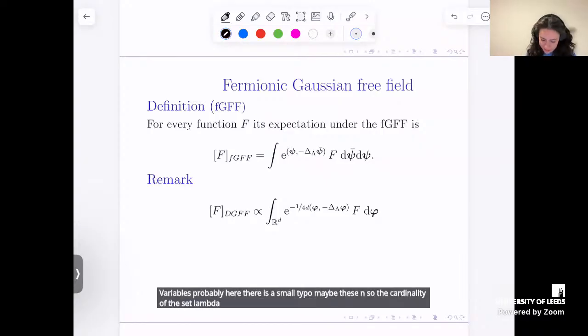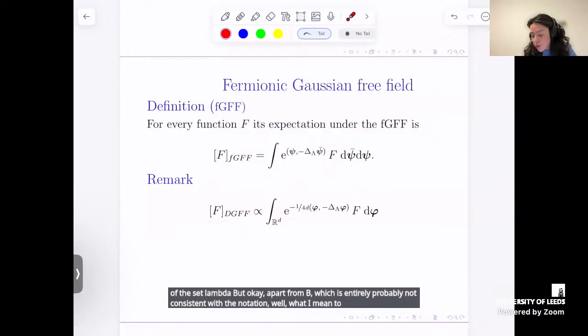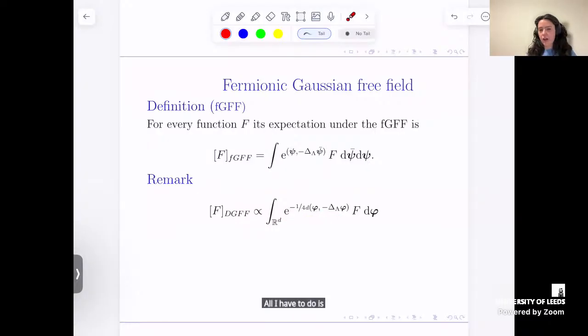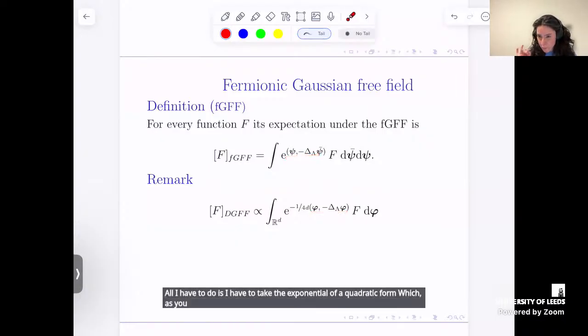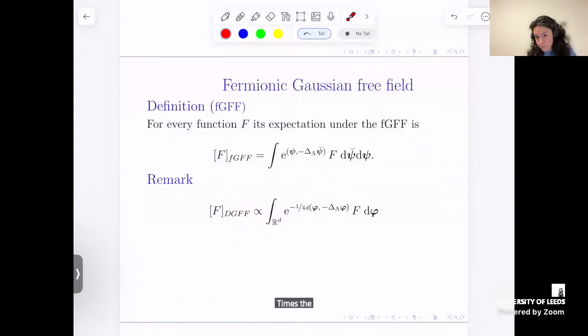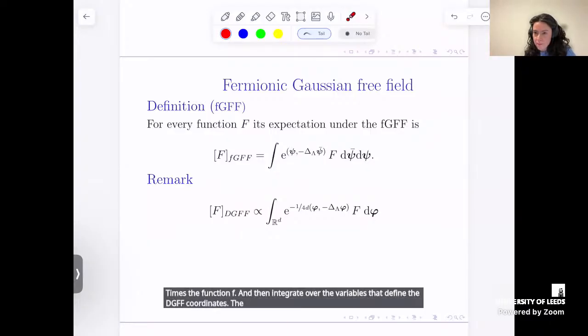But apart from this d, which is probably not consistent with the notation, what I mean to say is that if I have to integrate the classical Gaussian measure, all I have to do is take the exponential of a quadratic form, which, at least pattern matching wise, is really similar to what I wrote in the fermionic sense, times the function f. And then integrate over the variables that define the DGFF coordinates, the DGFF components.